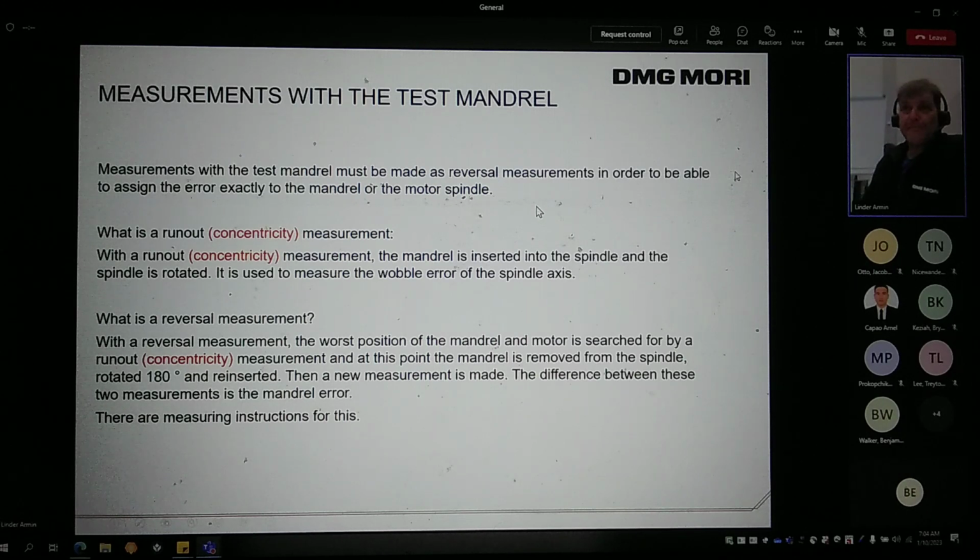No problem. So run out or concentricity measurement is very important. Because if you only measure with the mandrel in one position, then you do not have the correct run out of the motor spindle.